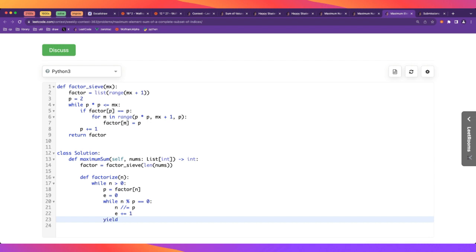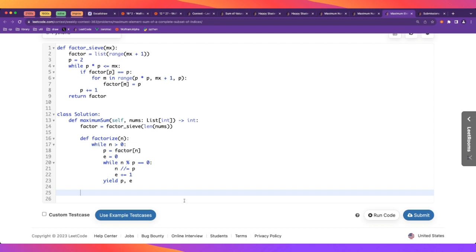And let's yield this. So this is the prime, and this is the exponent of that prime. So now we have a factorization. This is fast, and we want to use this as a key. Like we said, this is going to be a key of the group.